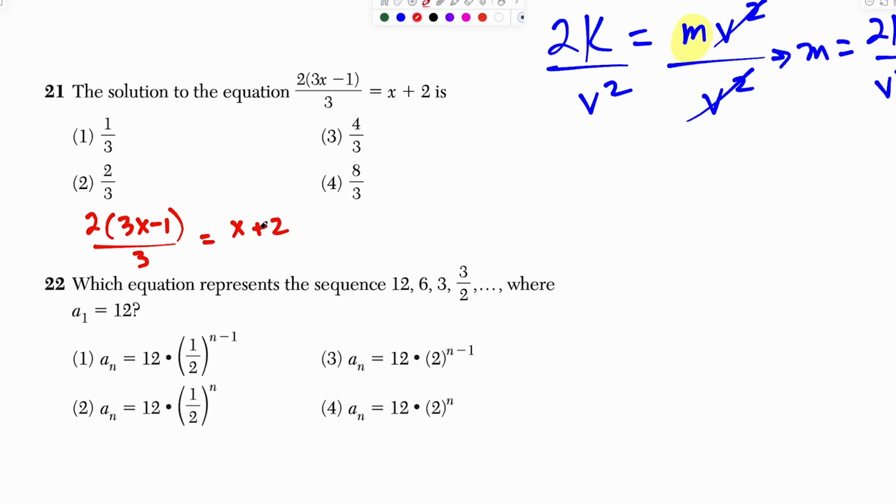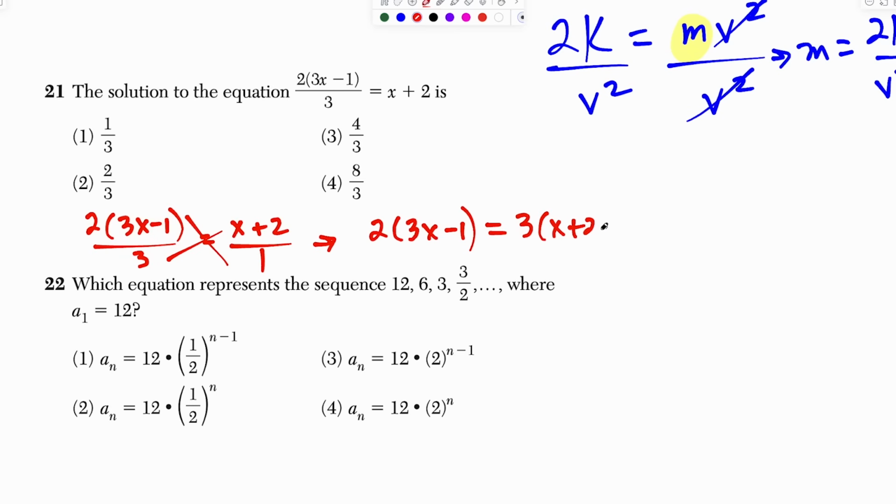And for this one, there's a few different ways we could start this. But one thing we could do is call the right side (x plus 2) over 1, and then we could cross multiply. So if we cross multiply here, we have 2 times (3x minus 1) times 1. And when you multiply by 1, the first thing doesn't change. So we're going to have 2 times (3x minus 1). And then equals, we have 3 times (x plus 2).